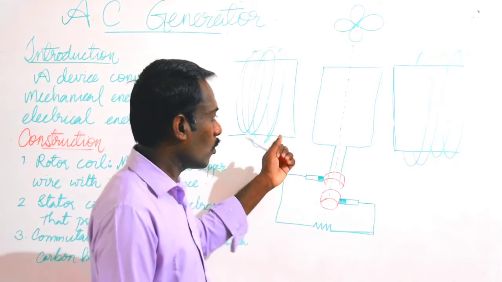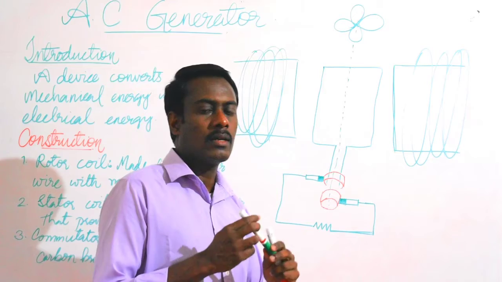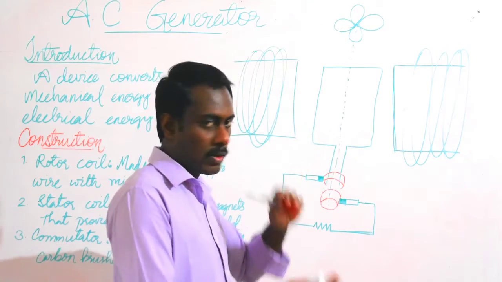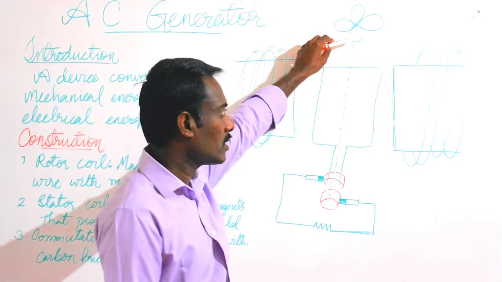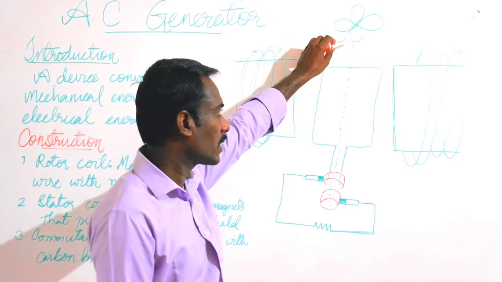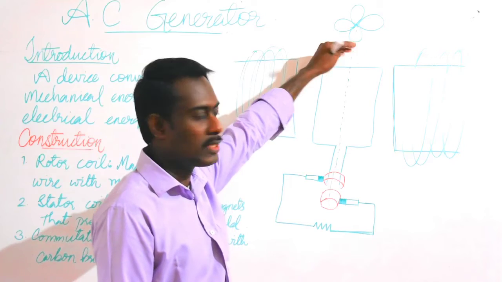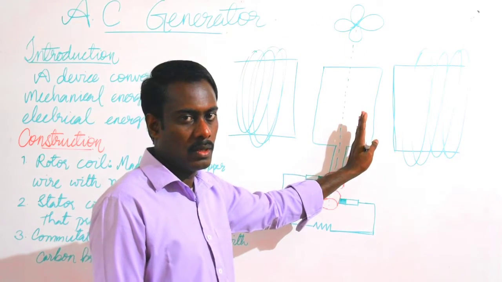When the shaft rotates, the coil rotates. How the shaft is connected to the turbine is not a part of the generator, but through it we provide the mechanical energy in order to rotate the system or the coil.